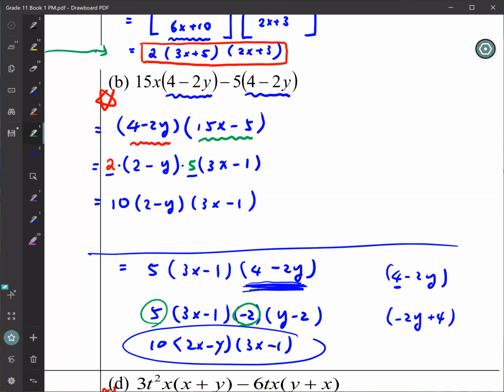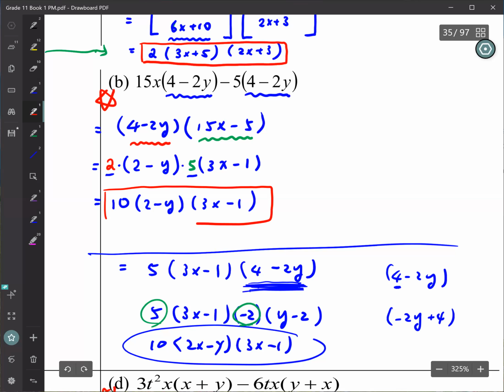But we like to keep it positive. So if you check the answer key, usually they will leave it in this form. So what I would like you to remember is how to deal with GCF when you have 2 GCFs coming out. They can multiply together and then you put it at the front.